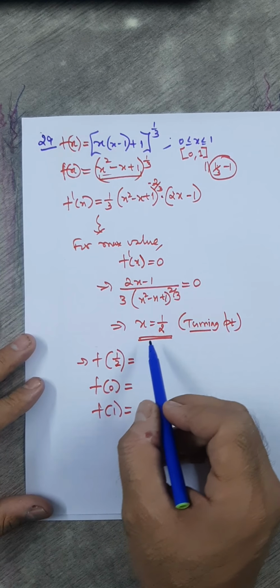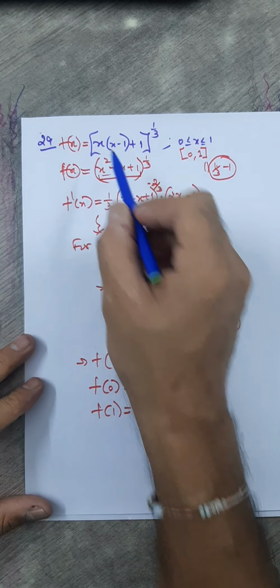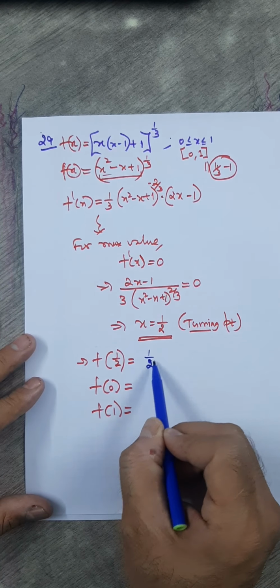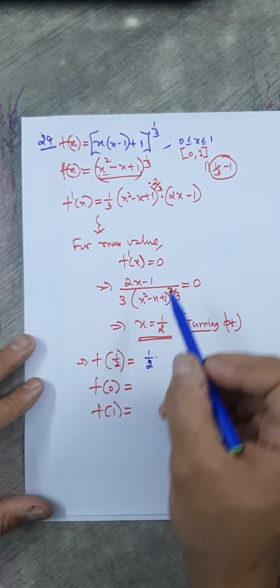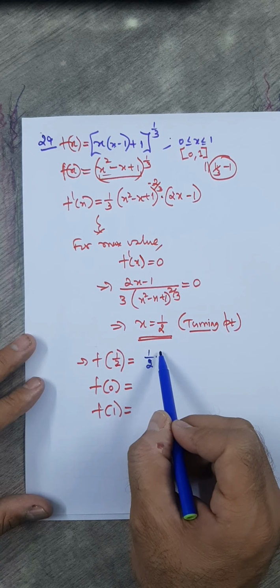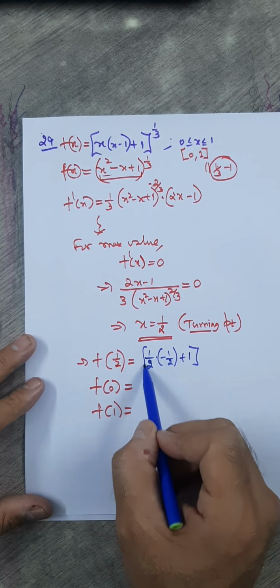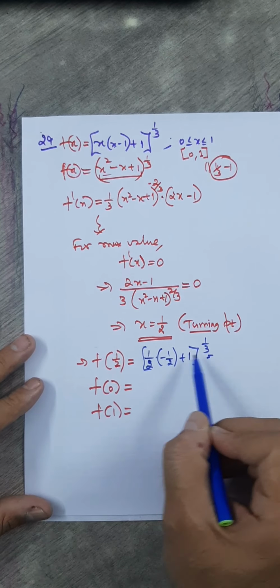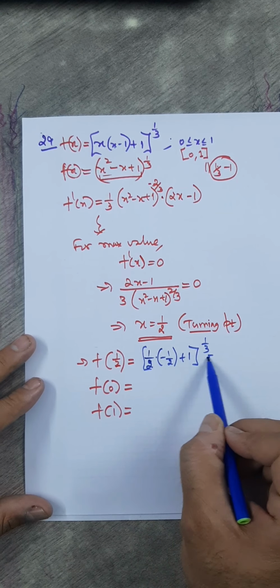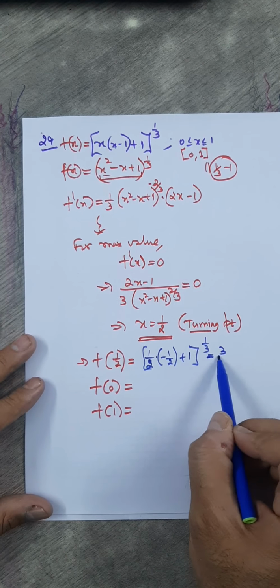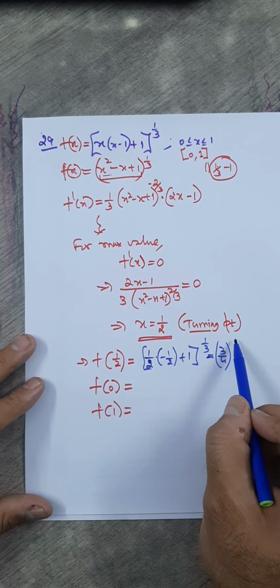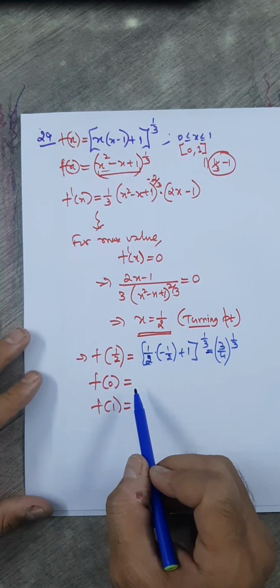What is f of half? I'll just put into the function. So you will get half here, then into half minus 1, that is minus 1 by 2, plus 1 raised to 1 by 3. So this is minus 1 by 4 plus 1, which will be 3 by 4 raised to 1 by 3, value of the function.